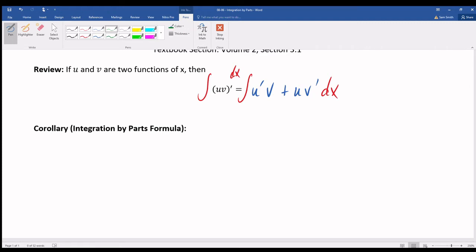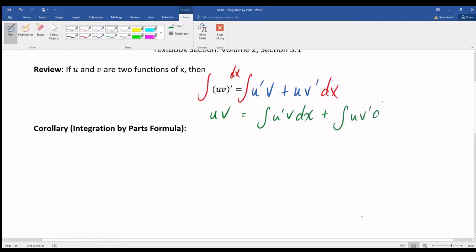And as a result, uv is equal to the integral of u prime v with respect to x plus the integral of u v prime with respect to x. Now I can rearrange this ever so slightly by subtracting one of these integrals to the other side. And here is the big takeaway.